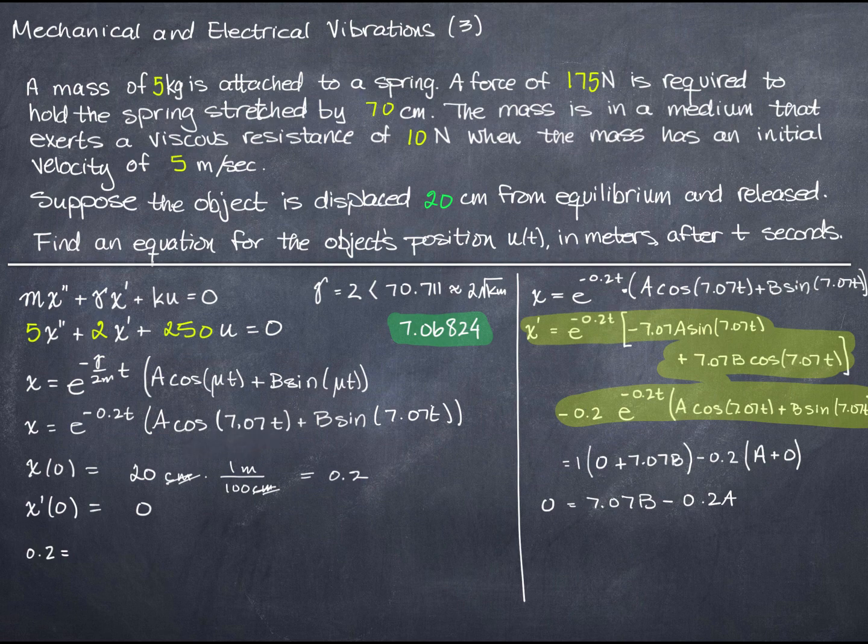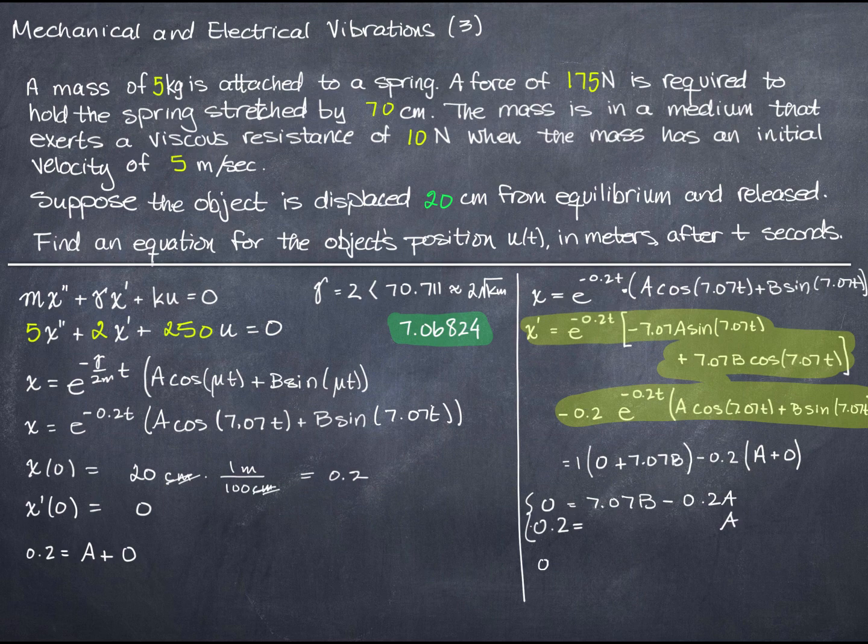Cosine of 0 is 1, so I get just a, plus b times the sine of 0, which is 0. B times 0, so that's just 0. So I can write that over here next to this one: 0.2 is equal to a. And I have a system of equations, and in fact, it's already set up. This is super easy just to substitute, right? So let's do that.